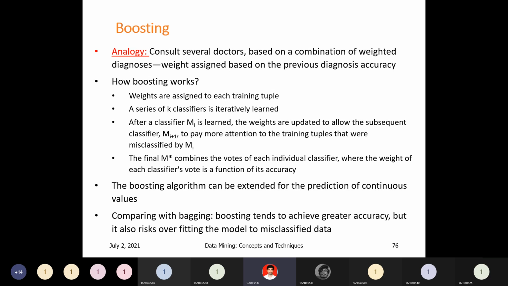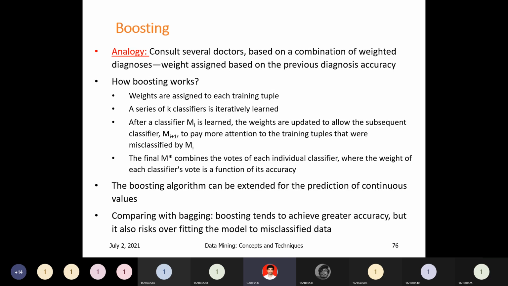Overfitting means it gives the exact result, taking each and every minute point. That is some problem I can say in boosting. Except for that, boosting is always better than bagging. Okay, these are the two ensemble methods.